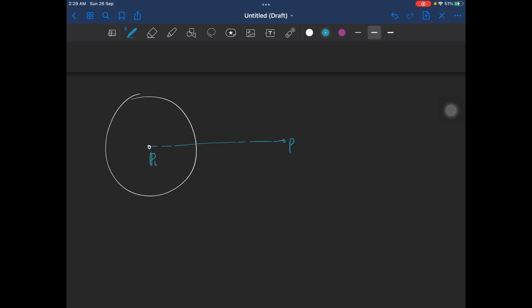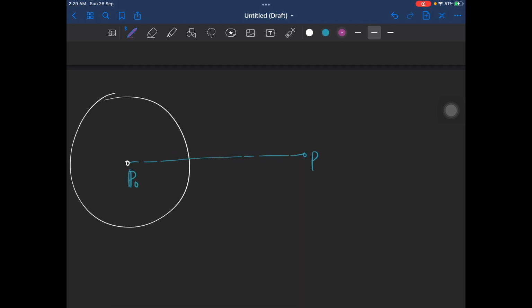P naught. You construct spheres with center here. Okay, these are different zones. Now, remember one point. We are taking R0 to be higher, B to be higher, R0 to be higher.